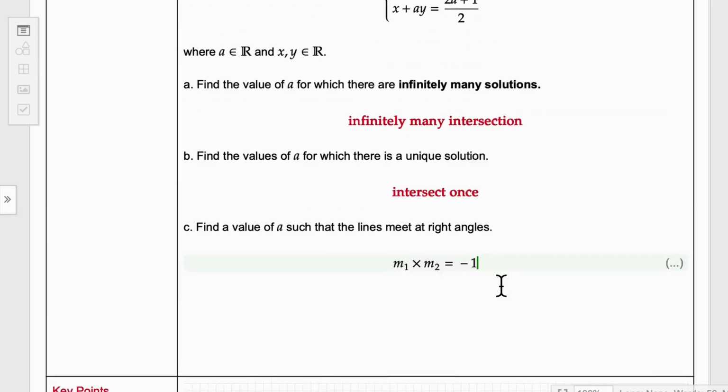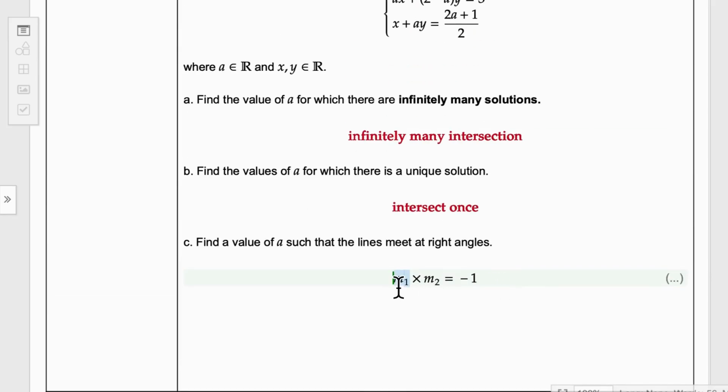So you only need to figure out the gradient of the first line and the gradient of the second line, multiplied together, it gives you -1. When you solve for this, you can figure out the value of a so that the two lines will meet at right angle. So this is the key we need to remember.